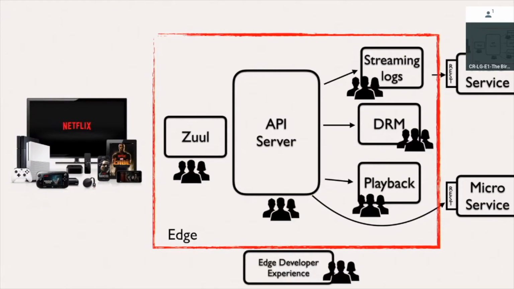Each part of this architecture has its own team that works on that. And here at the bottom, we have a developer experience team, which is the team that I work in. We create developer tooling and all the things that I talked about specifically to support the edge teams.